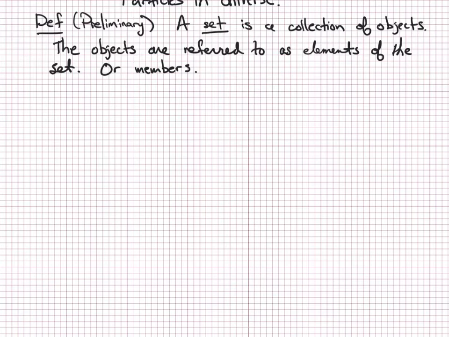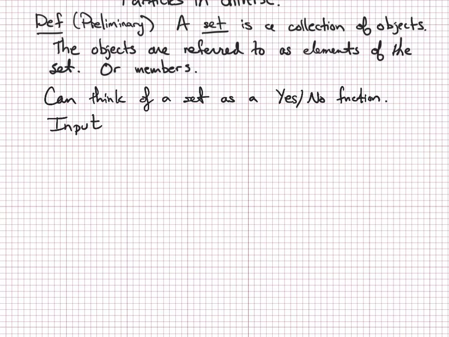Okay, so here's another useful way to think of a set. We can think of a set as a yes-no function. All this function does is, its input, what you feed into this function, is an object, any object.